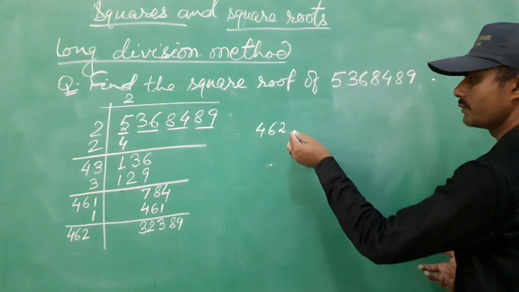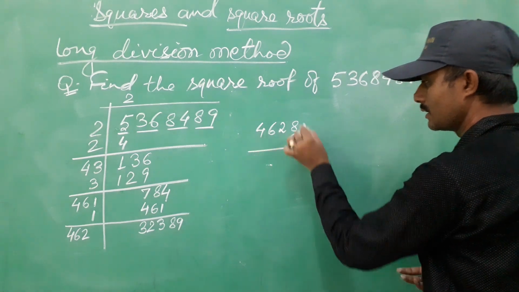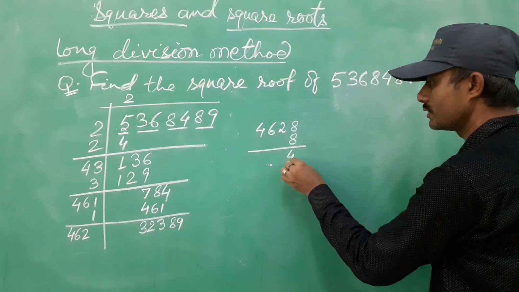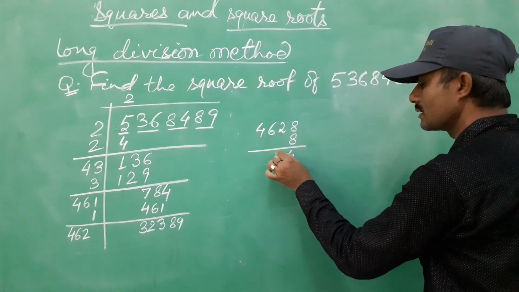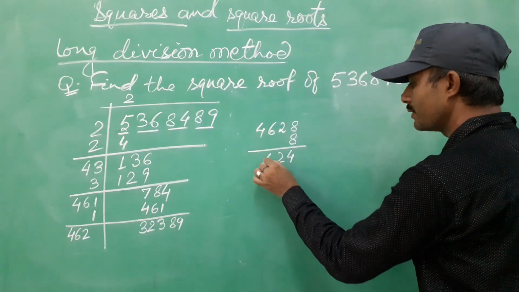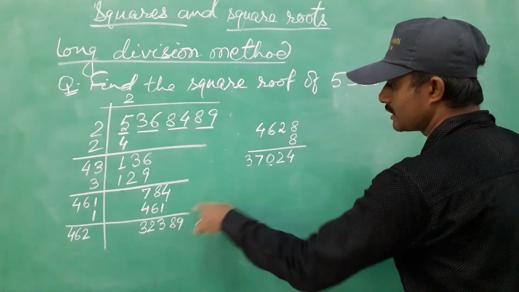So first try with 8. Look whether it will work or not. 8 times 8 is 64, 6, 16, 6, 22, 2, 48 and 2, 55, 8 times 4 is 32, 5, 37. It is bigger than that.